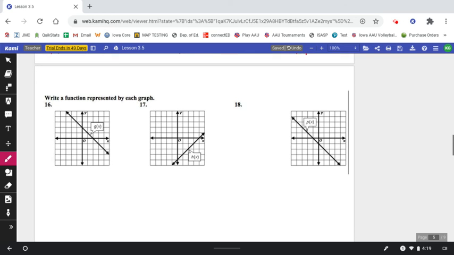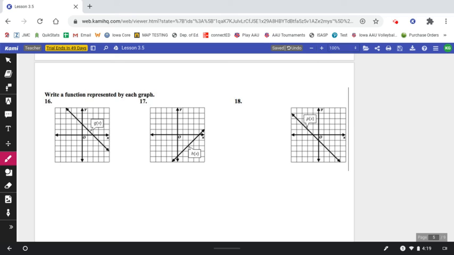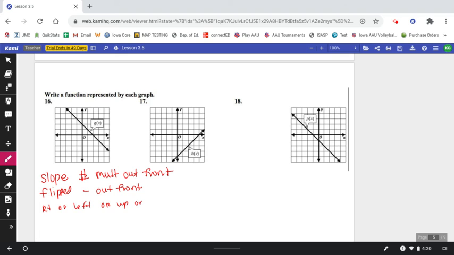Write a function represented by each graph. On these, a couple things we're going to check for is slope, because that would be our number multiplied out front. We're going to check to see if it's flipped, because that would be a negative sign out front. And we're going to check for any right or left or up or down.